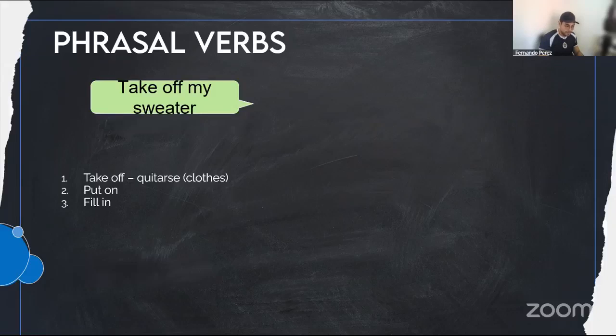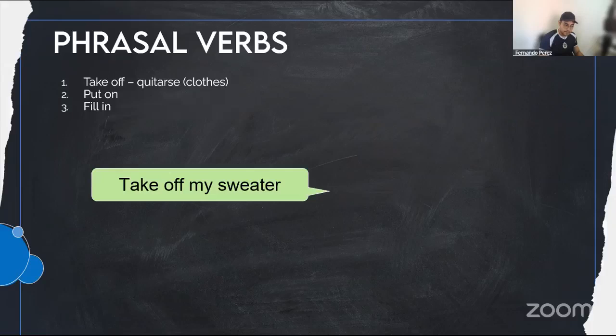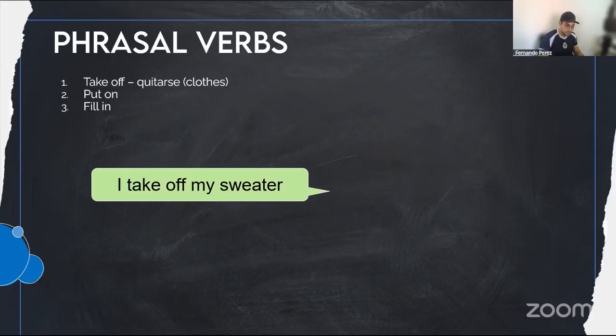Do you agree? I is the person number one. Verb, take off. My sweater, secondary person.